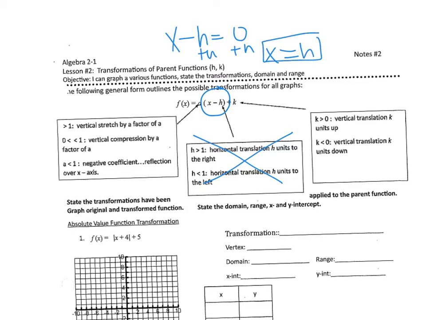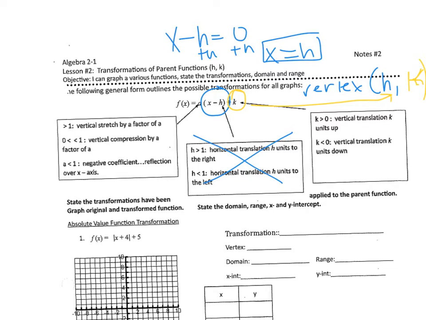That number, or whatever we solve, is going to be the x-coordinate of the vertex. So h is going to be that x-coordinate. Then the k, if I switch colors here, the k, which is right here, is going to be the y-coordinate of the vertex.